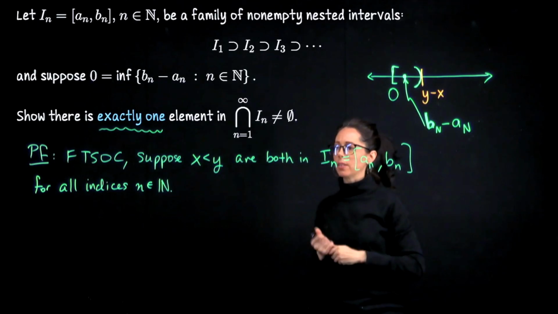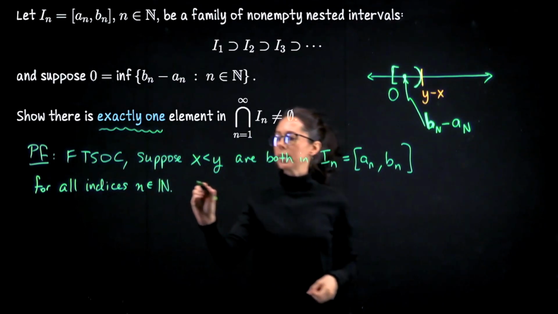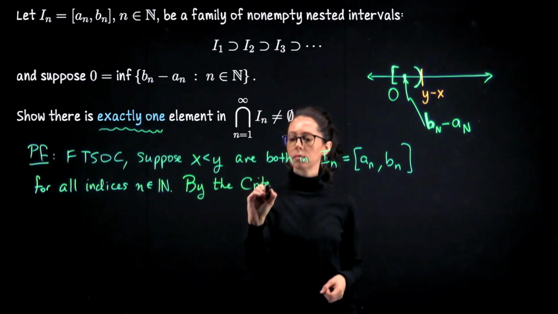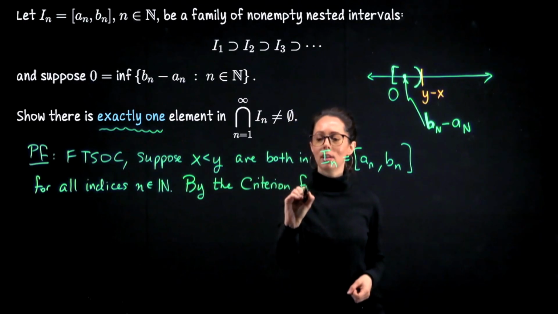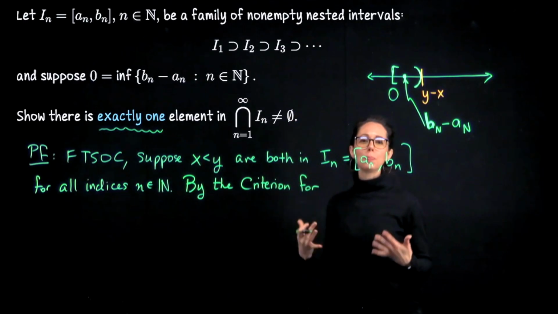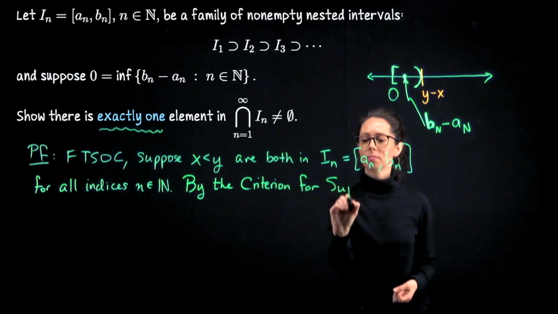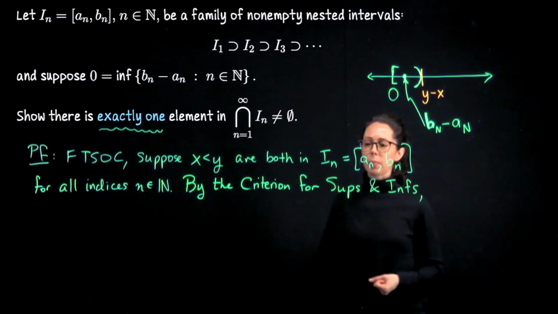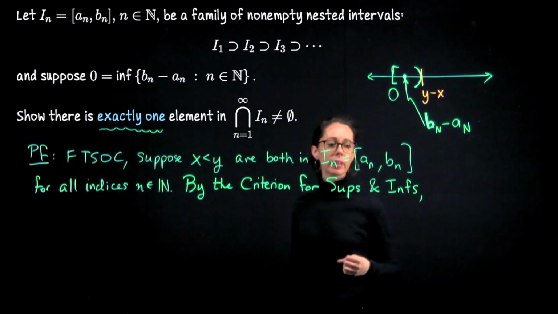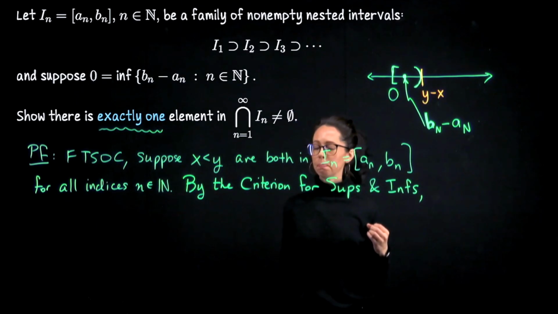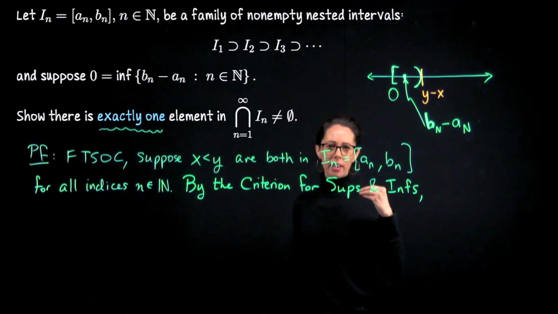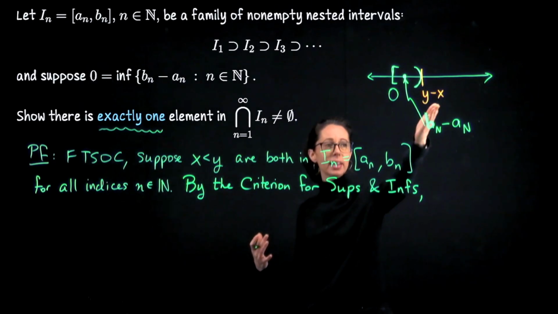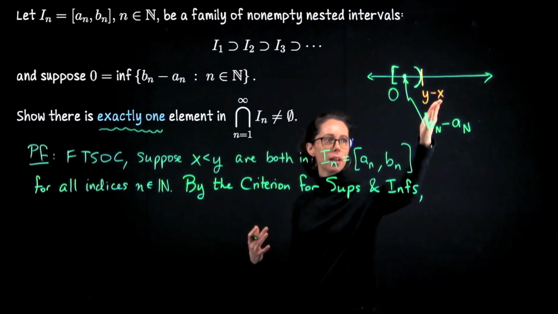Let's just write that down. So by the criterion for sups and imps, famously stated for suprema, but equally valid for infima. Normally, the criterion is stated for an epsilon, but we don't need to bring in an epsilon here. We have a number in mind that we'd like to work with, which is positive.